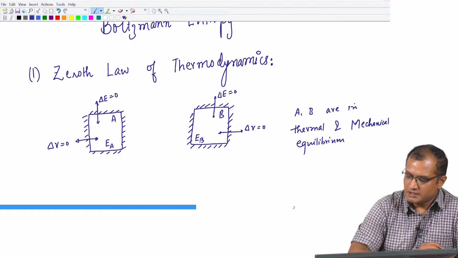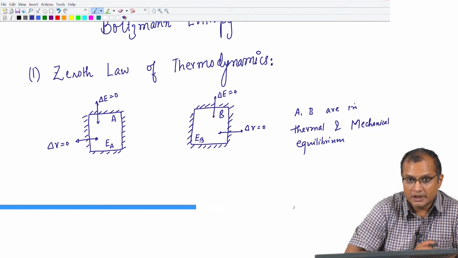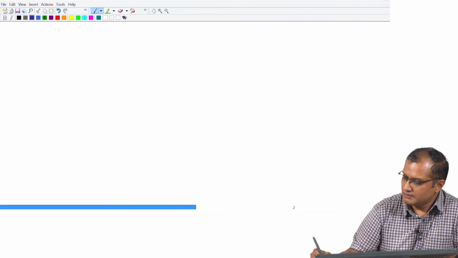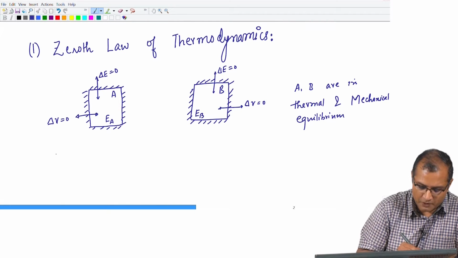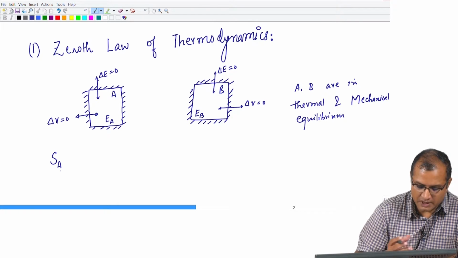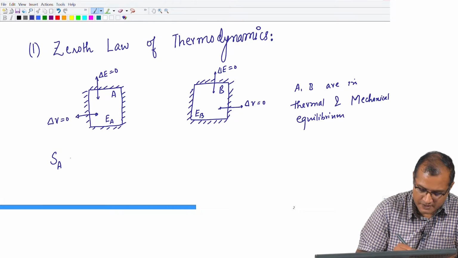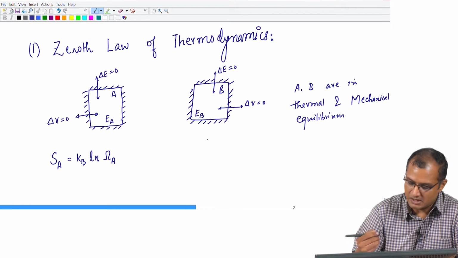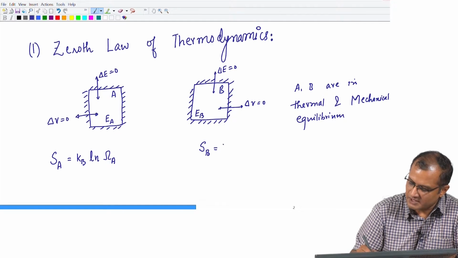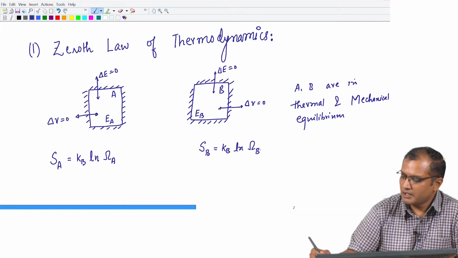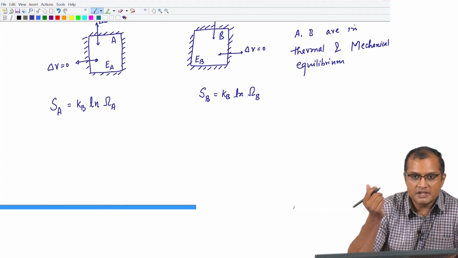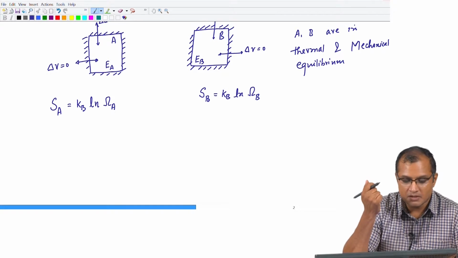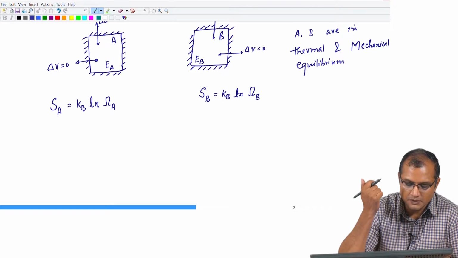So, the systems are in thermal and mechanical equilibrium, and if I ask you what is the entropy of the system, you can individually say that the entropy of my first system would be k_B ln omega_A, where omega_A is the number of states in which system A can exist, and the entropy of system B will be k_B ln omega_B, where omega_B is the number of states in which system B can exist.